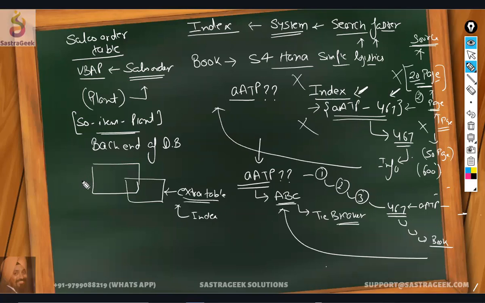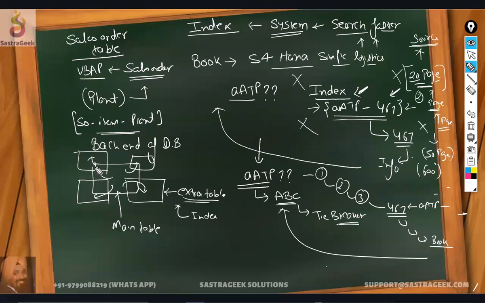So if you have created four more indexes, your main table is this, and it is linked with four more tables, which are index tables storing key information. Every time you create an index, a new backend table is created which stores the information. That's how the index helps you search things faster, but it increases your data footprint.